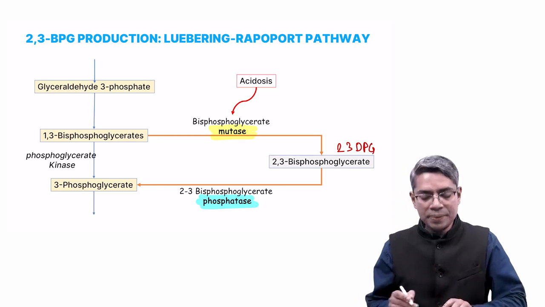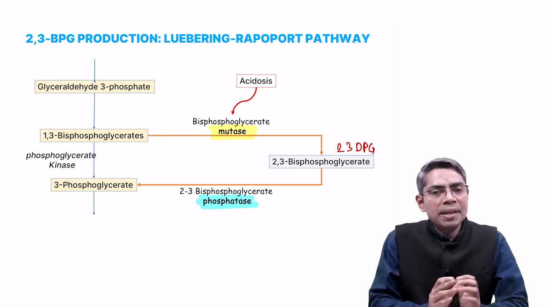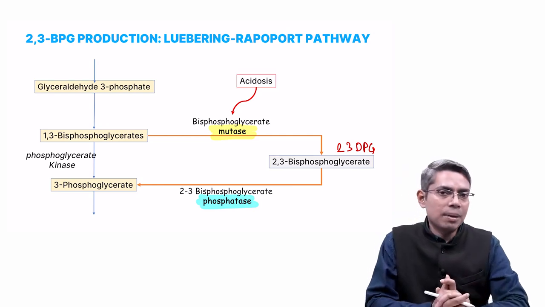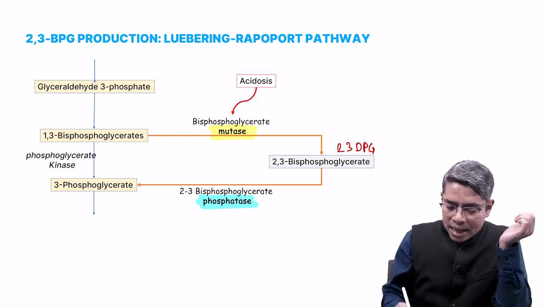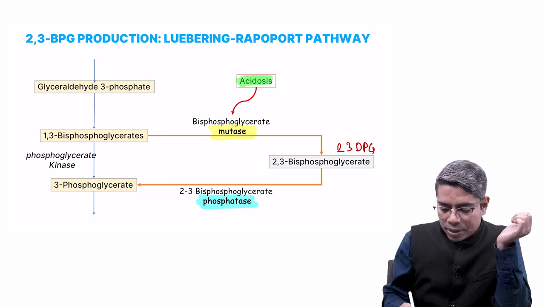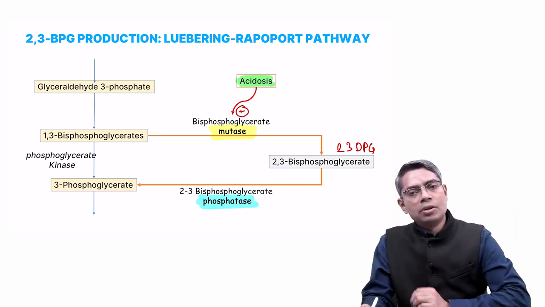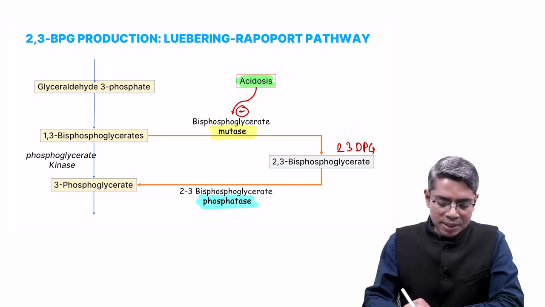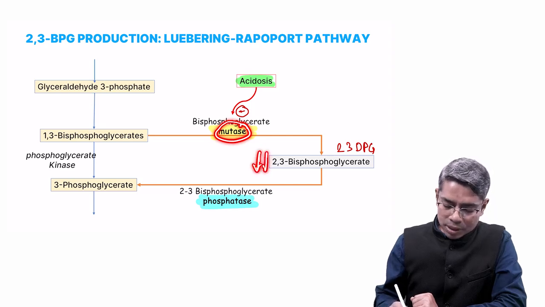And I told you already that if the content of 2,3-DPG is increased inside the RBC, then what kind of shift is going to happen? Right shift. Now remember that chronic acidosis is an inhibitor of the enzyme mutase. If chronic acidosis is there, the mutase enzyme will be inhibited, and what will happen to the production of 2,3-DPG?